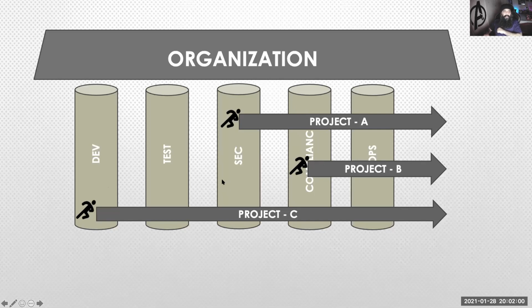Everybody is so focused on their own components. They're doing their job and also optimizing their components. There are people optimizing the development component, there are teams optimizing the test component, and so forth. But what does the customer need?